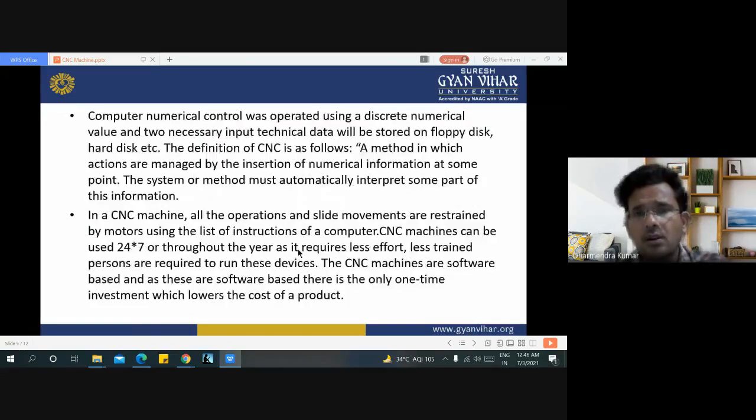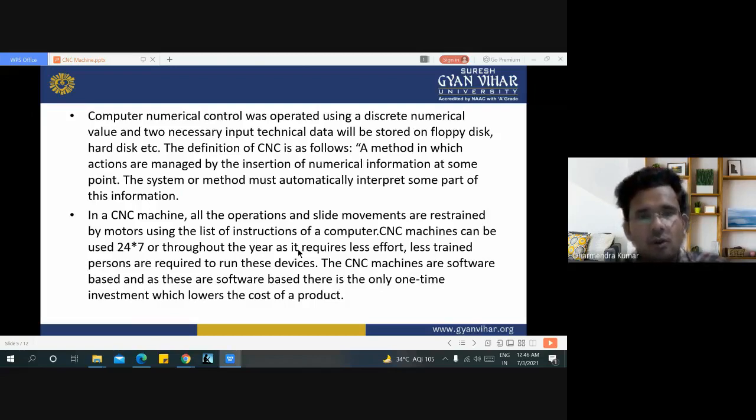Computer numeric control was operated using discrete numerical values, and the necessary input technical data is stored on a floppy disk or hard disk. The definition of a CNC machine is as follows: a method in which actions are managed by the insertion of numerical information at some point.